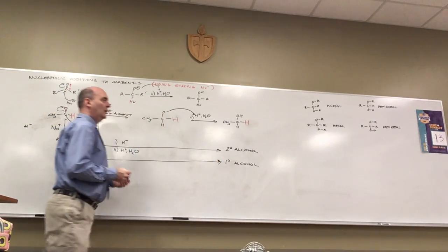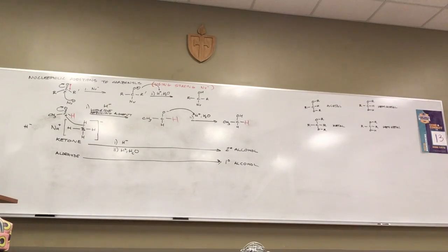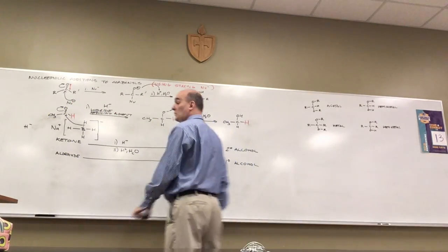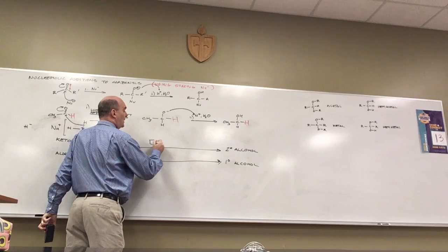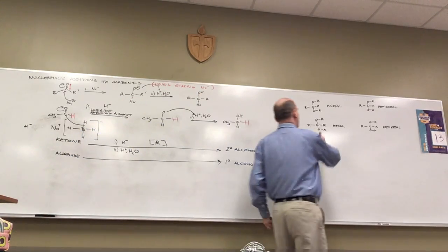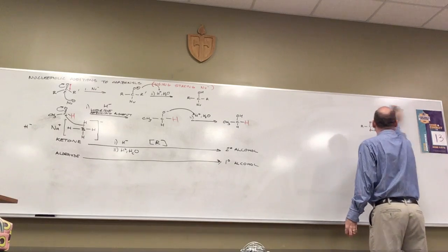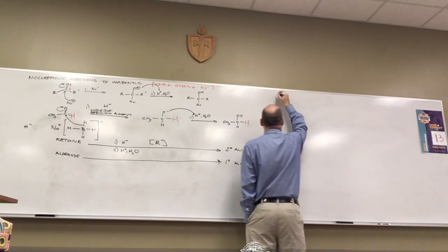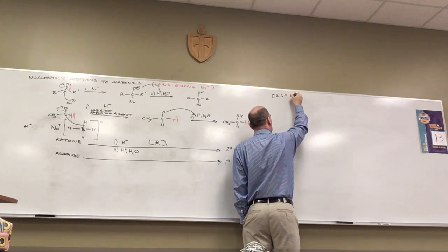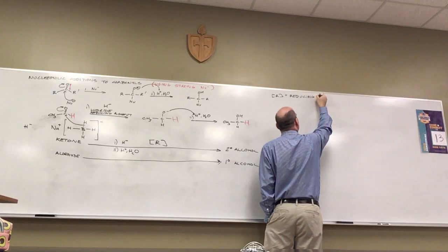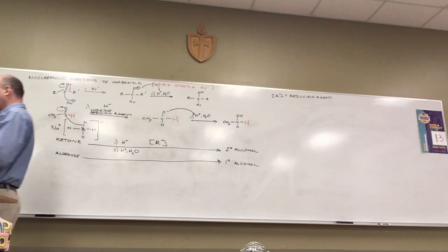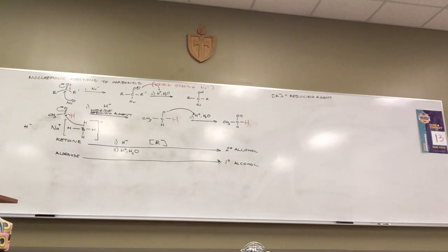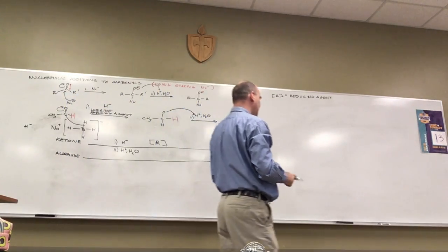Okay, let's take a look at this reducing agent. One thing that we could write just in general: square brackets with a capital R in it means reducing agent. A reducing agent is something that itself is very easily oxidized, and therefore it reduces its surroundings.